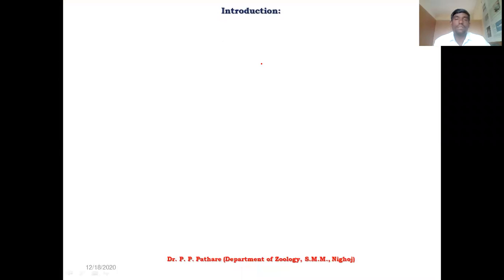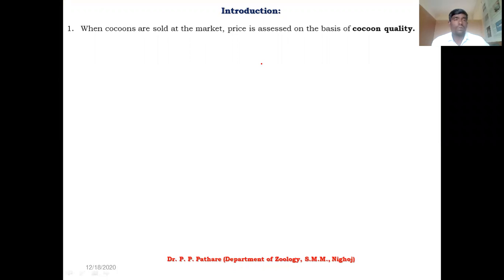In that, the first point is the general introduction. When cocoons are sold at the market, the price is assured on the basis of cocoon quality. After the harvesting of cocoon, the next stage is to sell or market your cocoon in the market.